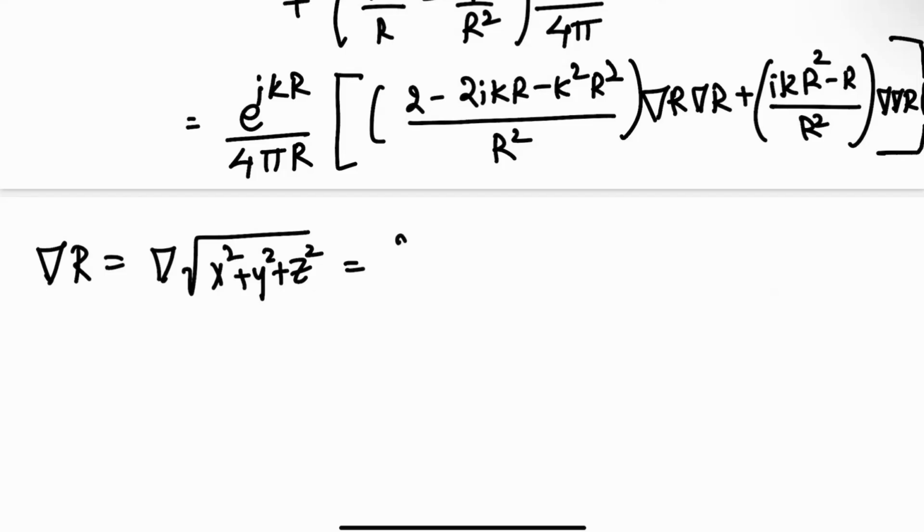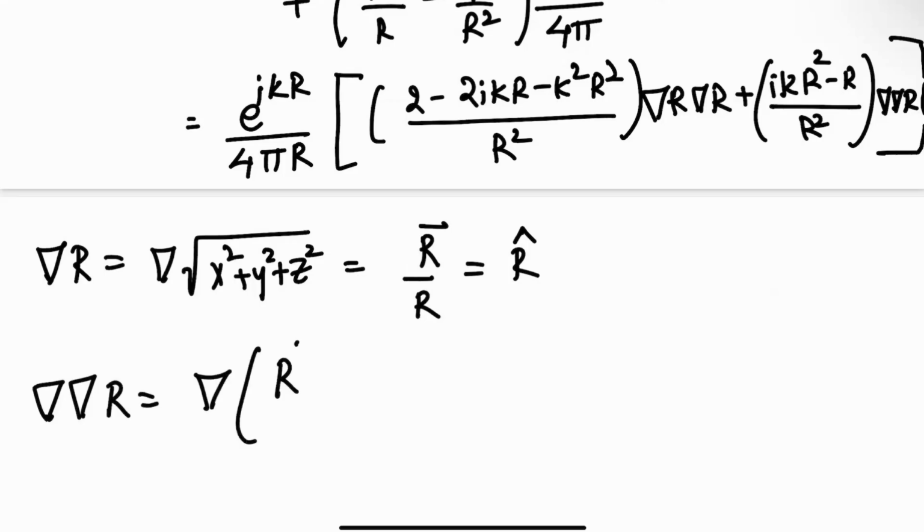So that evaluates to 2 r vector over 2r. These two cancel out, and then you end up with r vector over r, which is nothing but r hat. It's an interesting and important simple expression to remember that the gradient of r is nothing but r hat. And then you take the gradient of that, which you can apply the quotient rule to again on this expression.